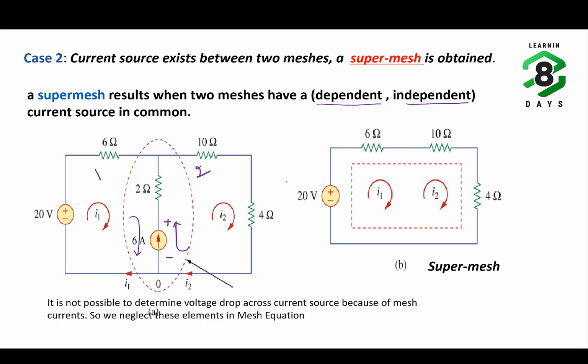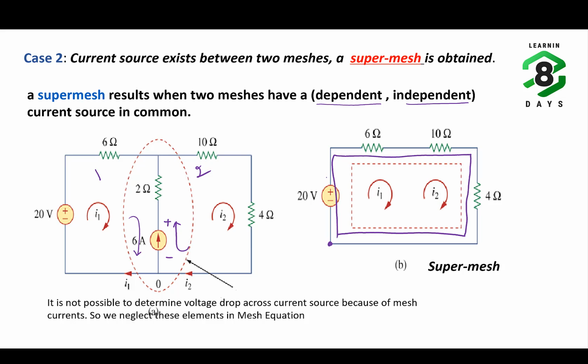Now you will get the circuit. If you exclude this particular branch, your circuit will become like this. And if you write the mesh equations, what are you going to get? We are traversing from this point to this point. So our traversal path is this one, with the two mesh current variables.